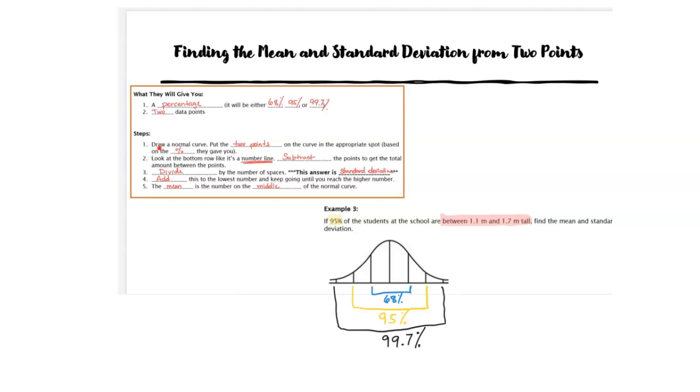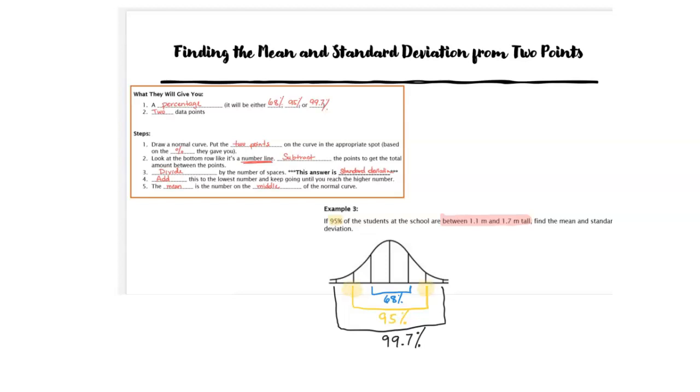So our step 1 says draw a normal curve. Put the 2 points on the curve in the appropriate spot based on the percent they gave you. Well, they gave us 95%. So the 2 appropriate places on our curve that we're going to place our numbers are here in this location and in this location.